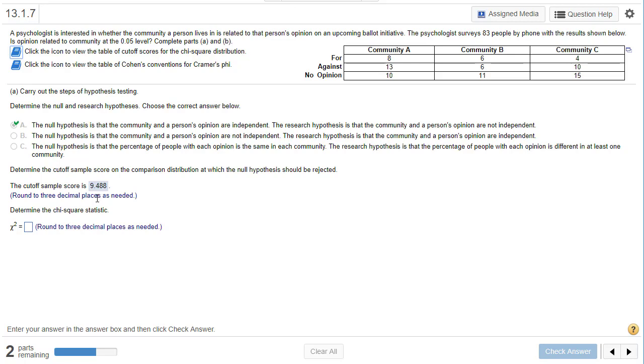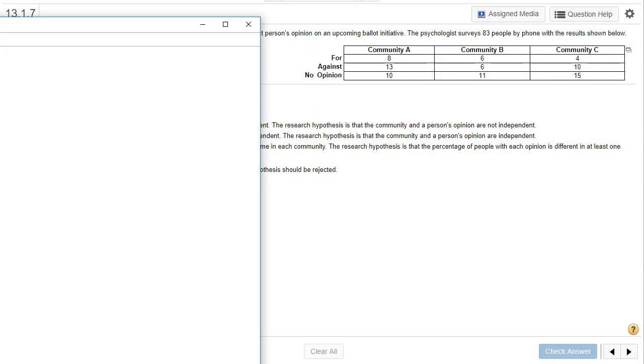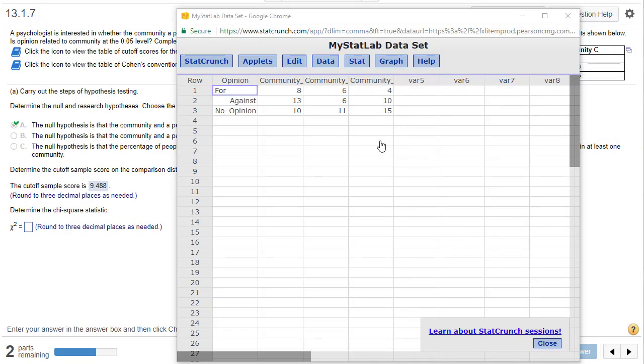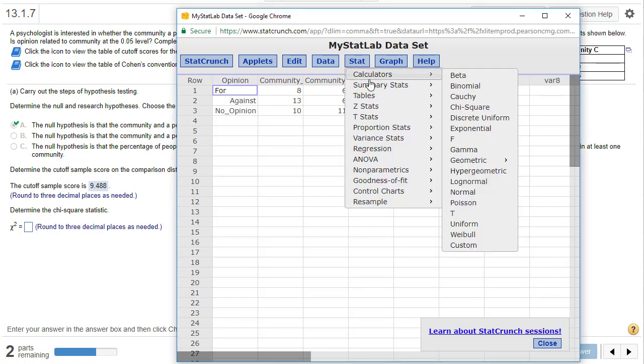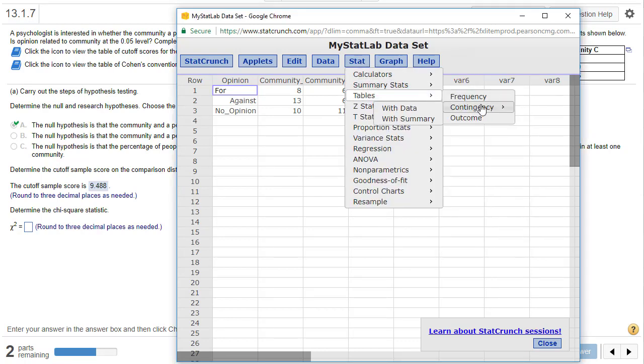So we're going to run a chi-square test here using StatCrunch. We're not going to do it by hand. If you clicked view an example, you're probably going to see a by hand approach. We are not going to do that. So we'll click our open in StatCrunch button. For the chi-square test for independence, we're going to go to Stat, then Tables, Contingency, and we have summary data.